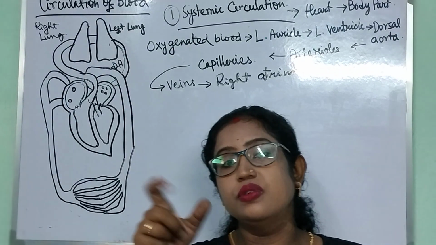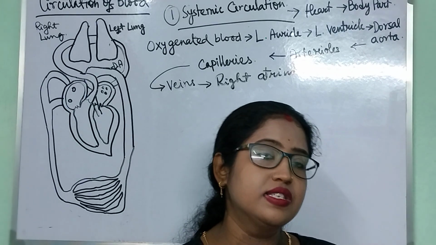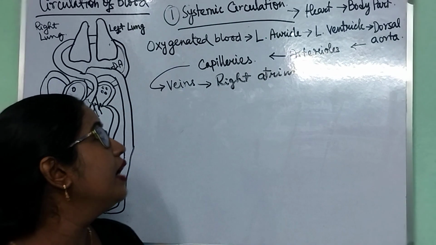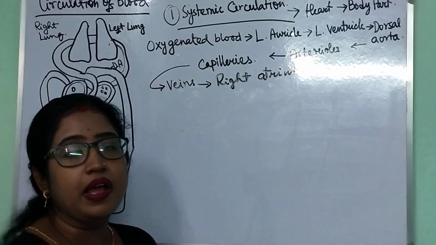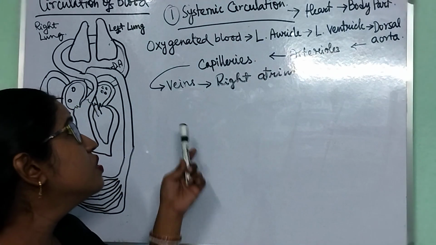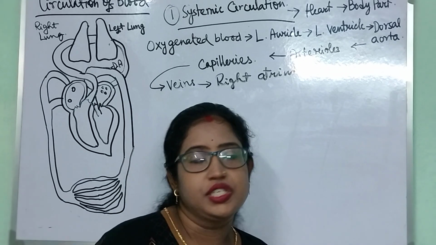Then capillaries unite to form venules, venules unite to form veins, and the veins drain the deoxygenated blood into right atrium, means the blood is back into the heart. So this circulation system is known as systemic circulation.